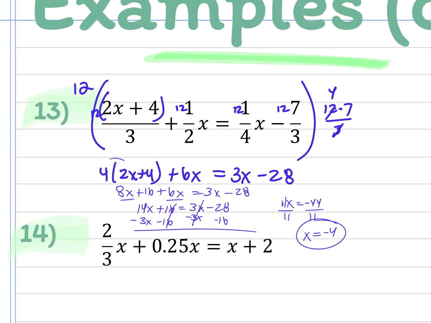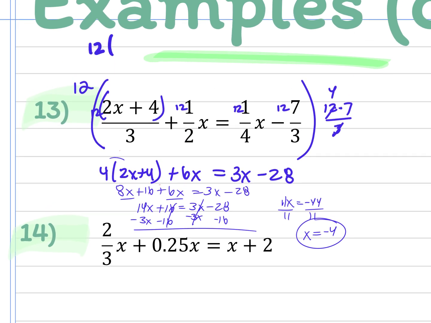Because if I say 12 times 2x plus 4 over 3, can you simplify the 12 and the 3? Becomes a what? 4. All right, so then I'm going to multiply 12 times 1x over 2. Can you simplify the 12 and the 2? Becomes a what? 6.